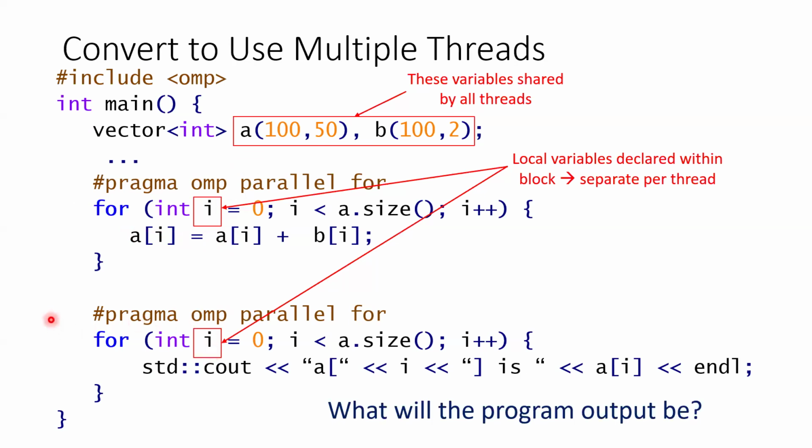What will the program output be? We're adding them in the first for loop, and we're outputting A in the second for loop.